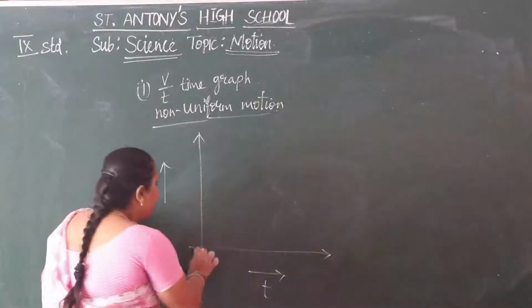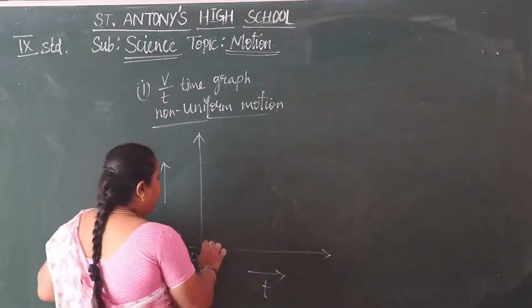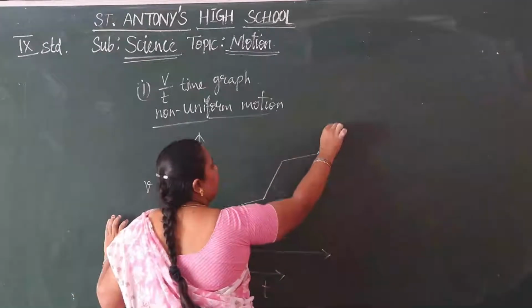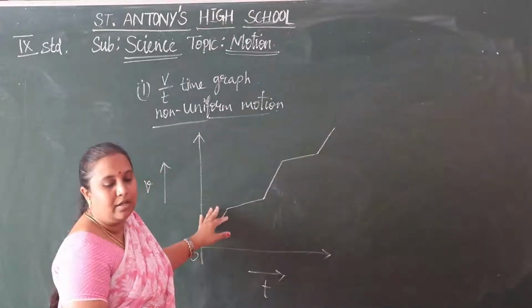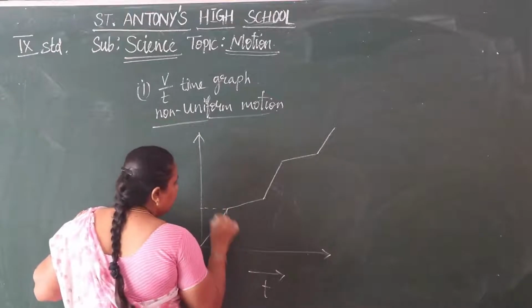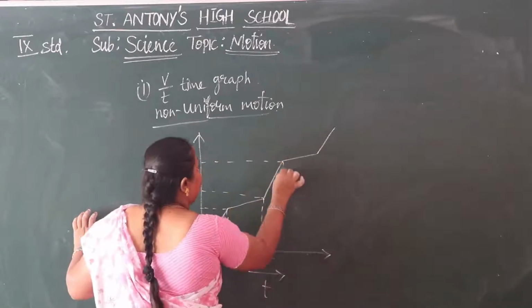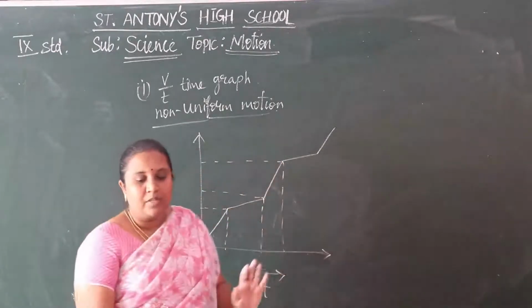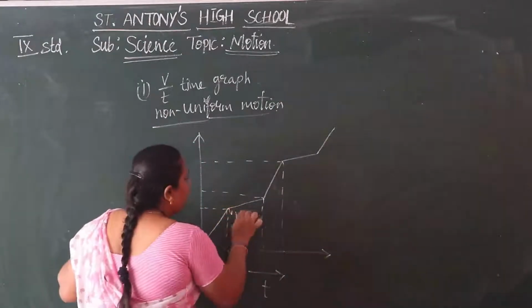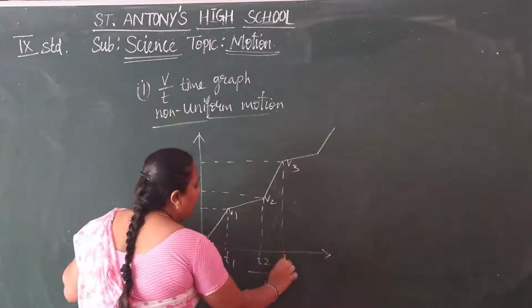Here also the object is moving at different time intervals like this. So we have v1, v2 and v3, and t1, t2 and t3.